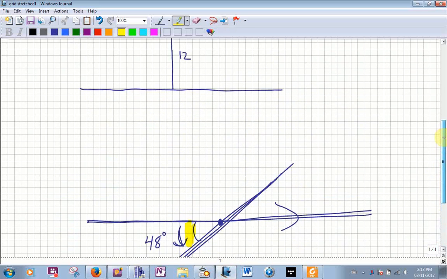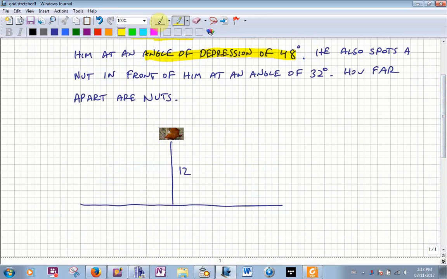Okay? So, see a nut? Here's my nut. Sorry. That's his nut. So from the horizontal down is 48 degrees. Where do I draw that? Do I draw it here? Or do I draw it there?